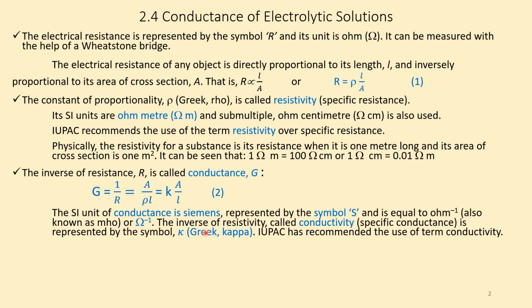The inverse of resistivity is called conductivity, that is, specific conductance, represented by the symbol kappa. In equation 2, kappa is the conductivity. IUPAC has recommended the use of the term conductivity.